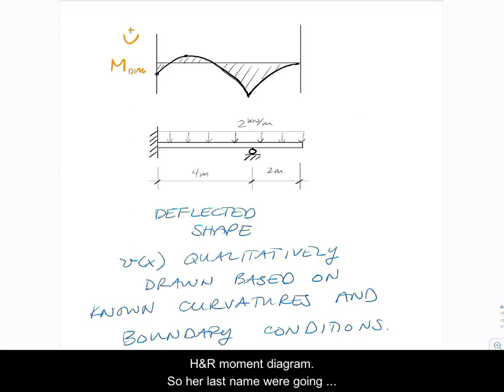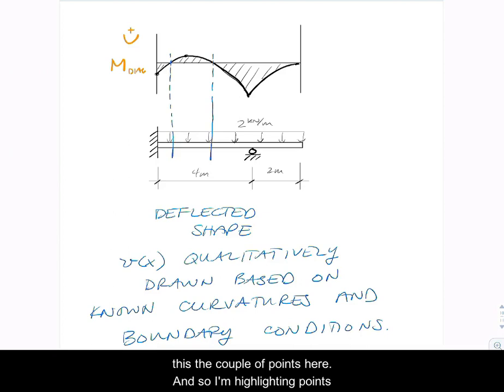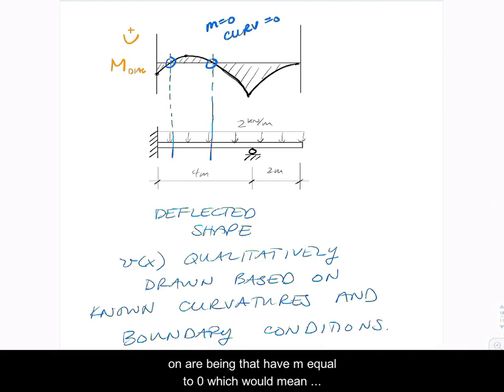So the very last thing we're going to do is draw the deflected shape for our beam. And so we're going to use that moment diagram that we just came up with. I'm going to identify just a couple of points here. I'm highlighting points on our beam that have M equal to 0, which would mean that the curvature is equal to 0.